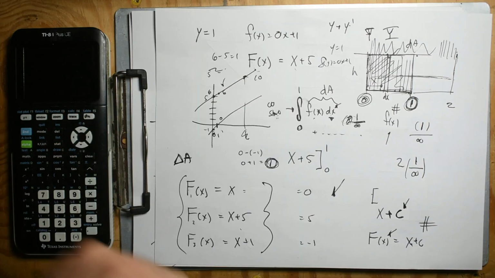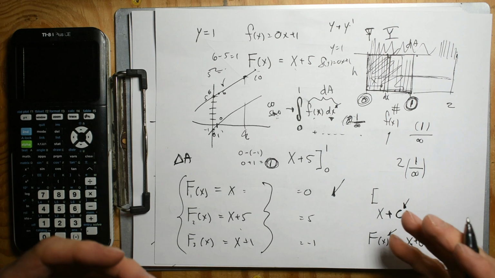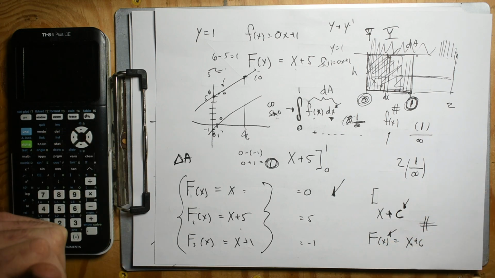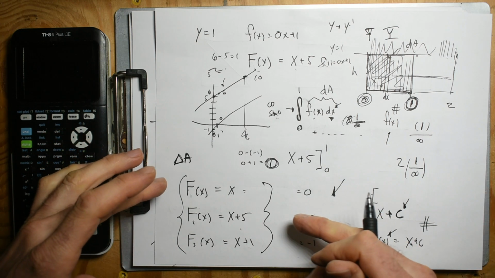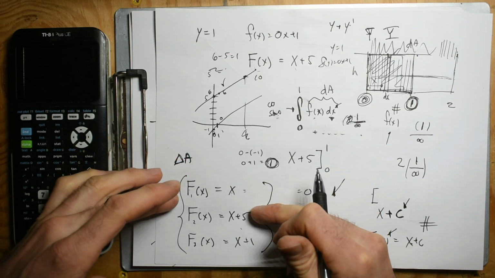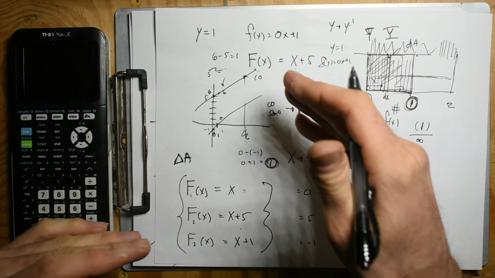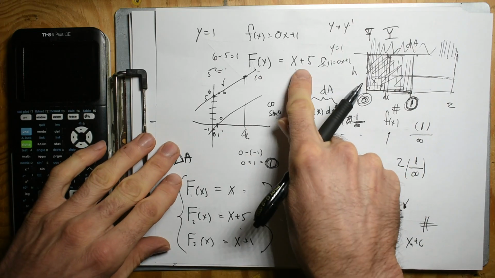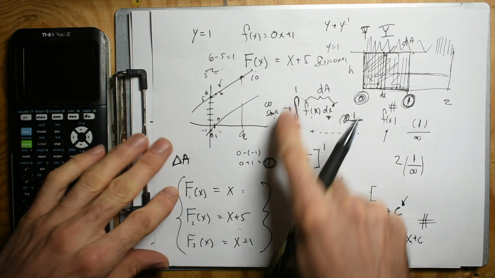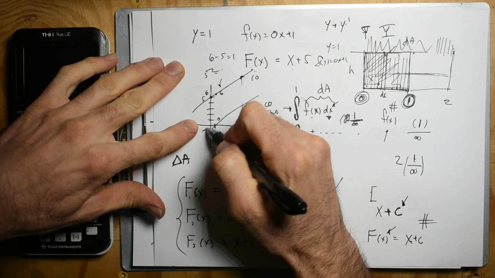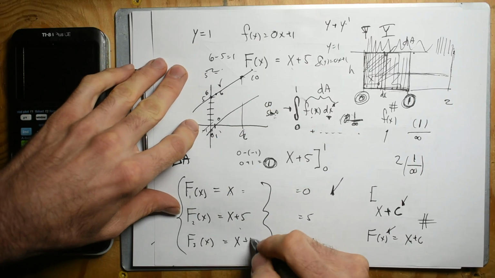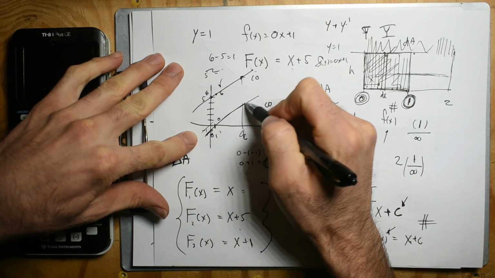Cool. So we ran out of juice on our SD card, and so we kind of missed a little bit. I started writing the family of curves that represent the integral. So we chose x plus 5, but we could have f of x minus 1. So that's the other one that I put in here.